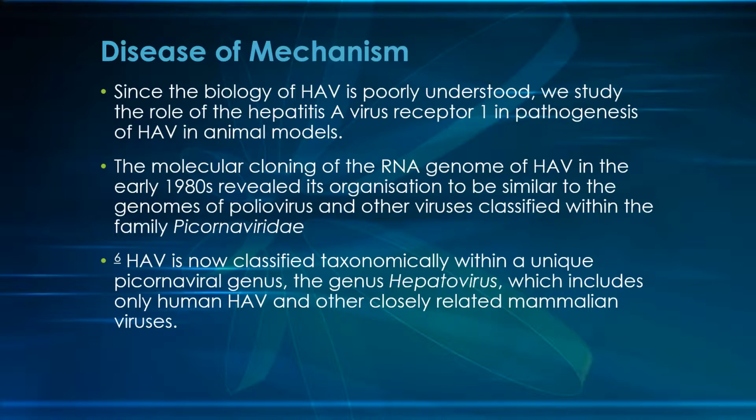The molecular cloning of the RNA genome of HAV in the early 1980s revealed its organization to be similar to the genomes of poliovirus and other viruses classified within the family Picornaviridae. HAV is now classified taxonomically within a unique picornaviral genus, the genus Hepatovirus, which includes only human HAV and other closely related mammalian viruses.